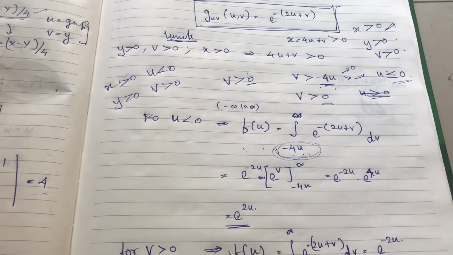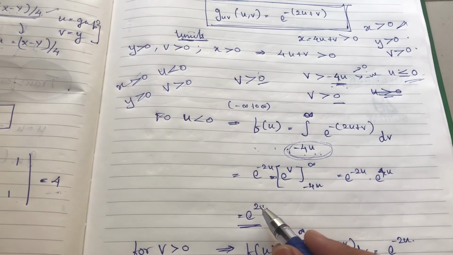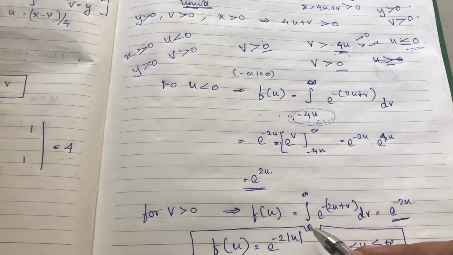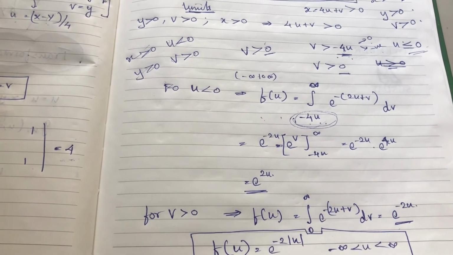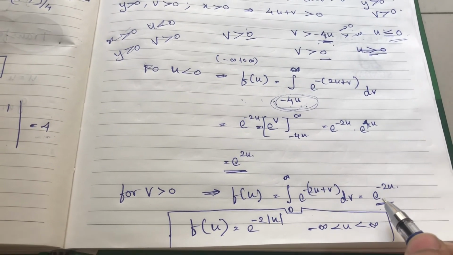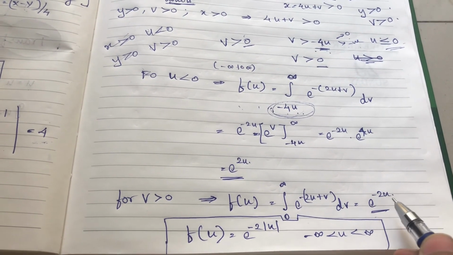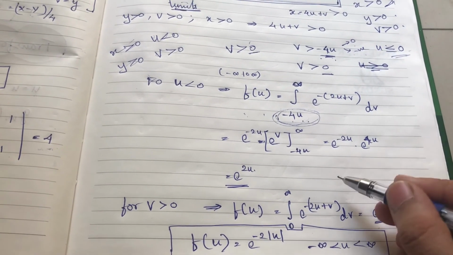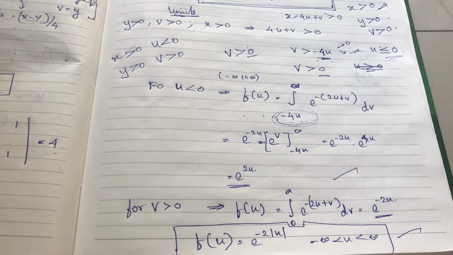By doing so, we will get the answer as e power 2u. But here v is greater than 0, so we can directly substitute 0 to infinity, right? So 0 to infinity, and I will get the answer as e power minus 2u. Okay, so these are the two functions we have got at these limits.